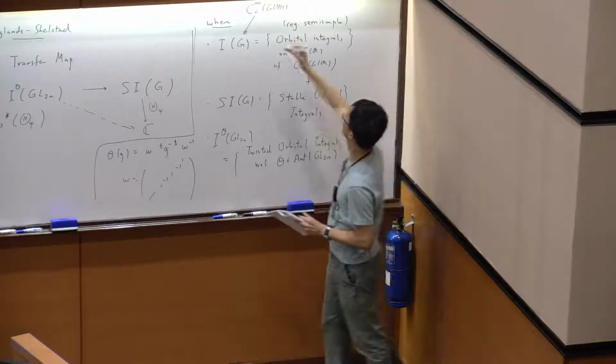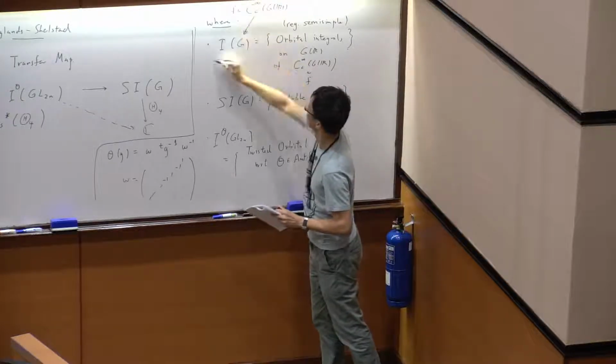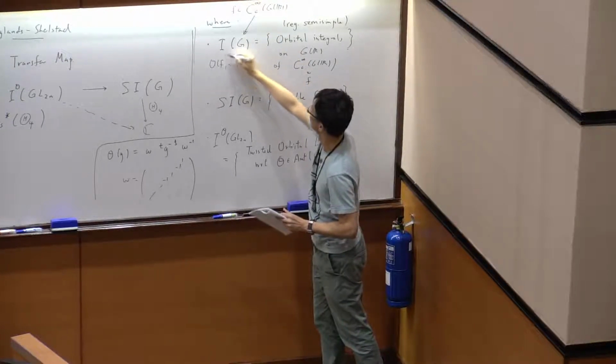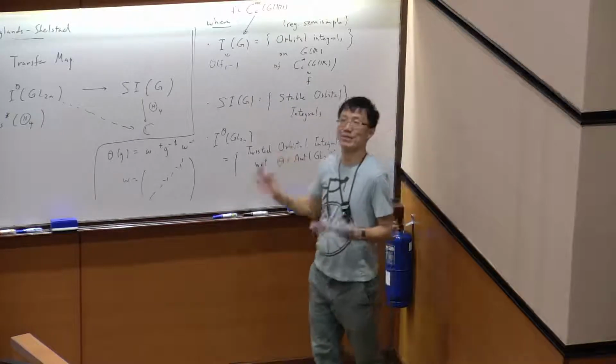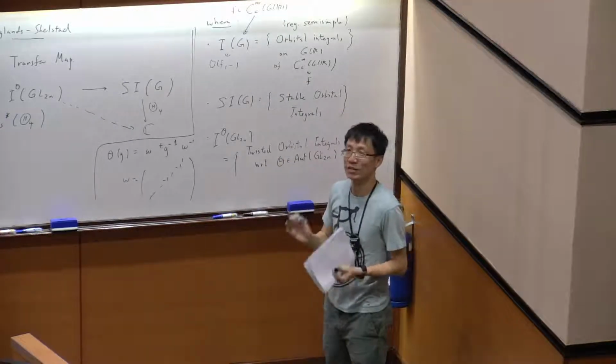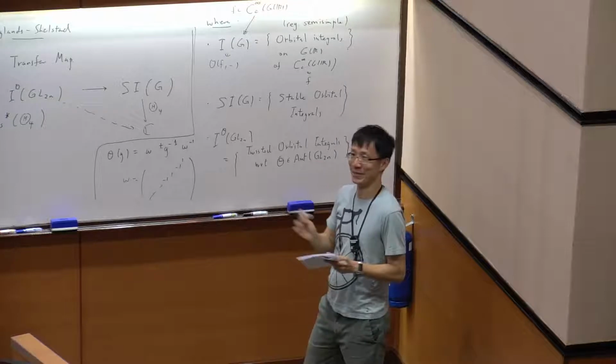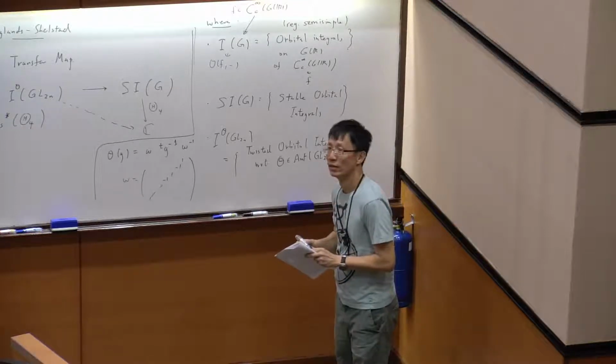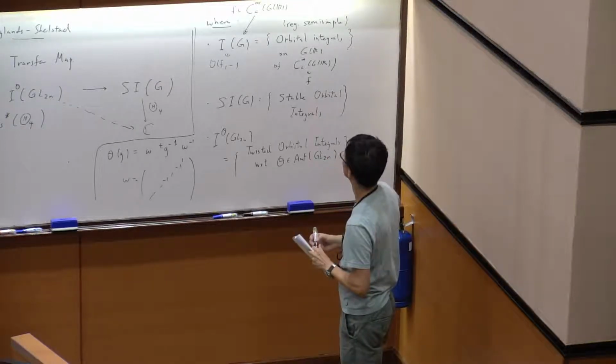To every f, I consider its orbital integral, then I let I be the space of all such orbital integrals, functions on the regular semi-simple set. It's in the dual.